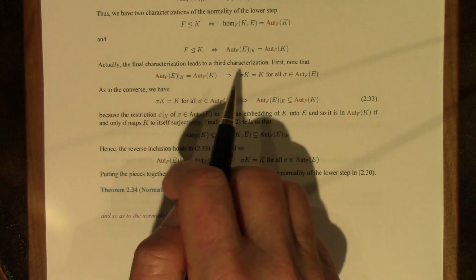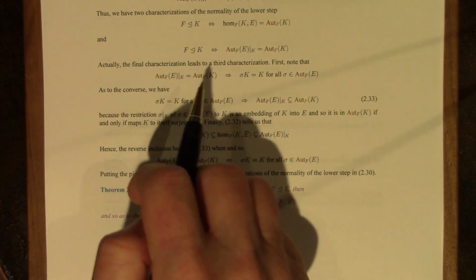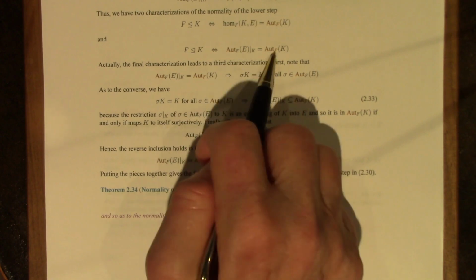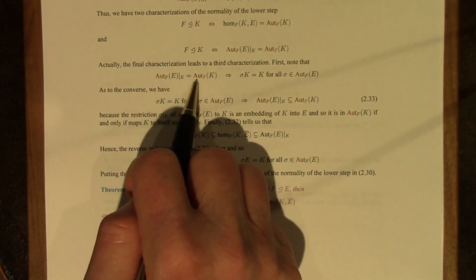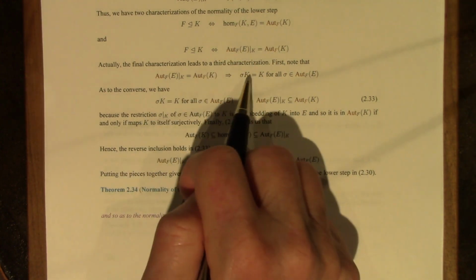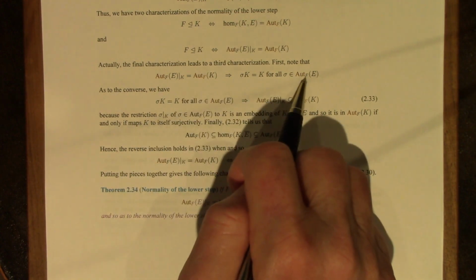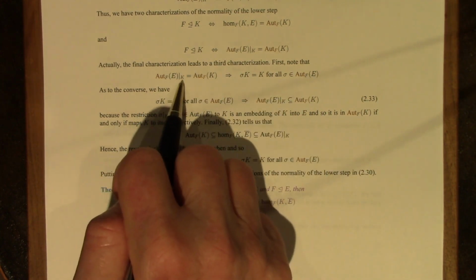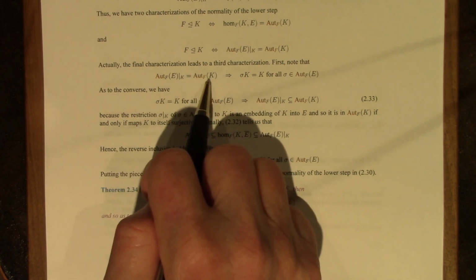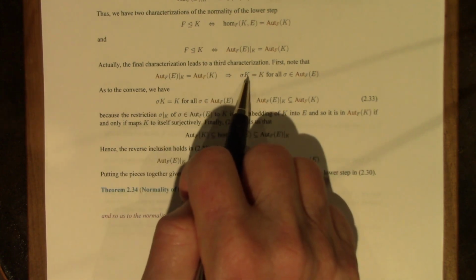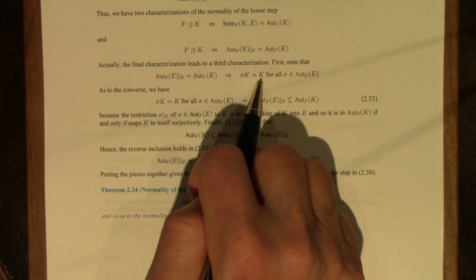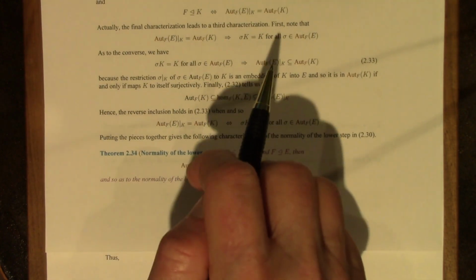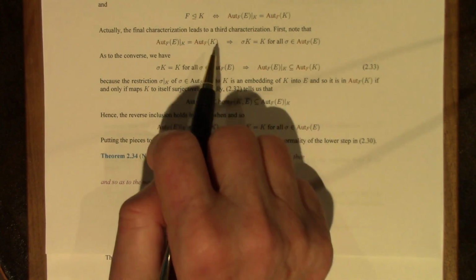And actually there's another way. Let's look at this again. This implies that any automorphism of E over F, when restricted to K, is an automorphism of K, so it maps K onto K. What about a converse?